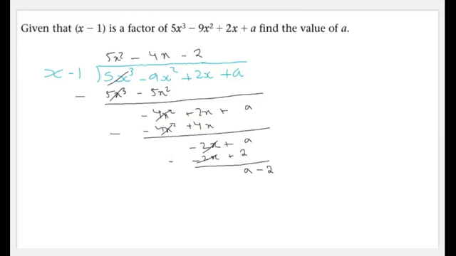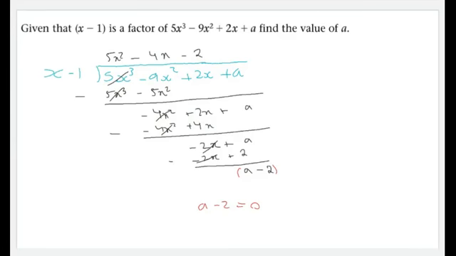Exactly. So that a minus 2, which looks like a remainder, what is the value of that if there's no remainder? It just means that this supposed remainder must be equal to 0, because by definition of a factor, there's no remainder.